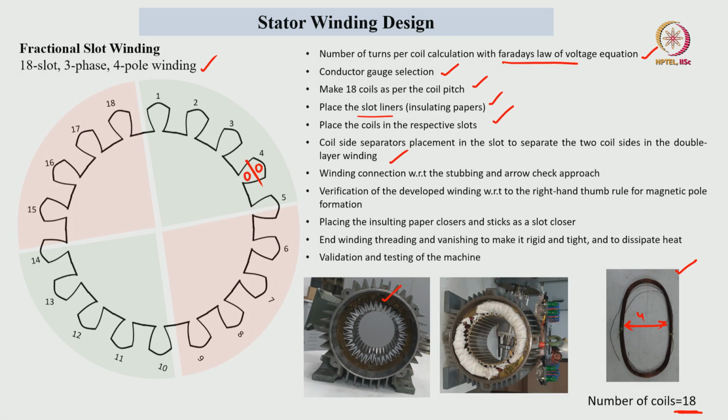Then winding connections with respect to the stubbing and arrow check approach, and verification of the developed winding with respect to the right hand thumb rule for magnetic pole formation, and placing the insulating papers and sticks to close the slot, and end winding threading and varnishing to make the winding rigid and tight, and validation of the complete machine at the rated operating conditions.